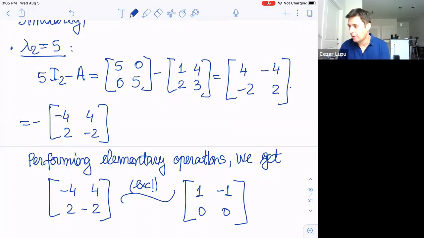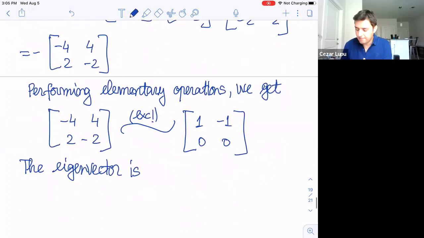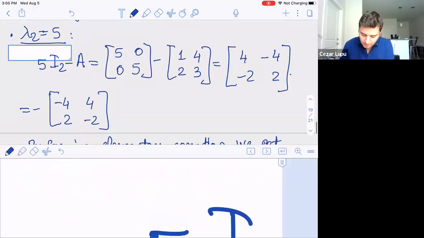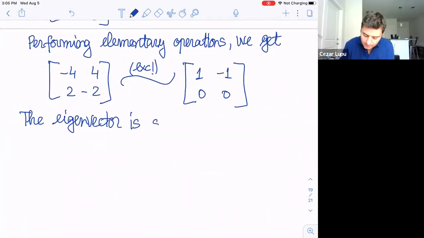All right. So the eigenvectors here will be something like, let's use another letter, s times 1, 1.